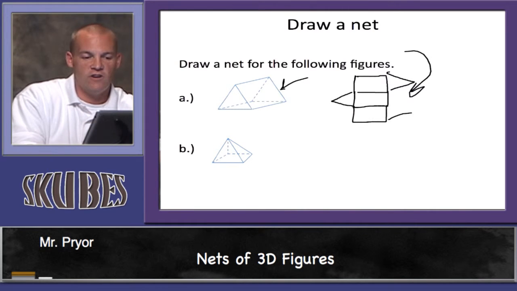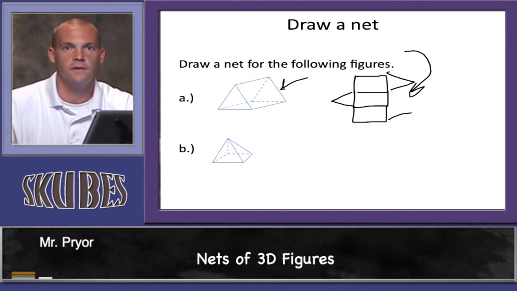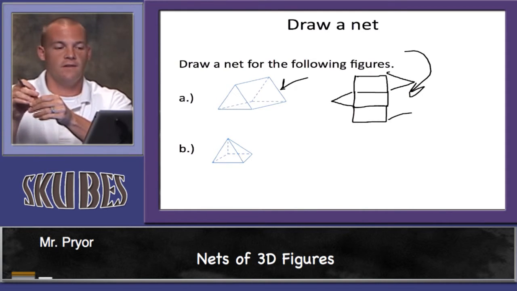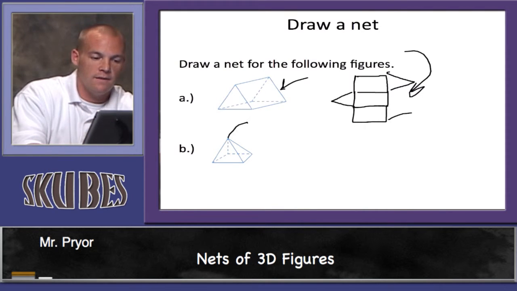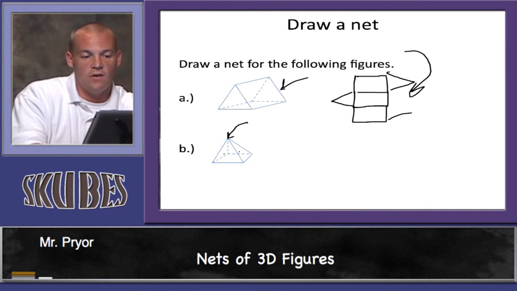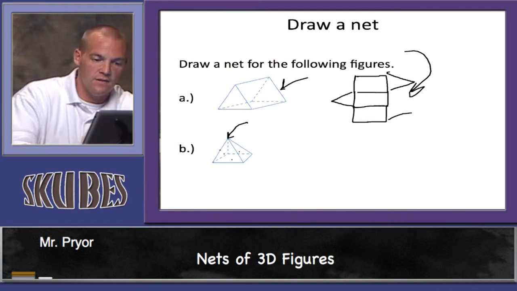Alright, and then our next shape here, this may or may not look familiar to you. This is what we call a pyramid. The difference between a prism and a pyramid, hopefully you can see, is that a pyramid comes to a peak that we call a vertex. That peak right there. And you can also see that each of the faces of your pyramid are actually triangles. The bottom is the base.